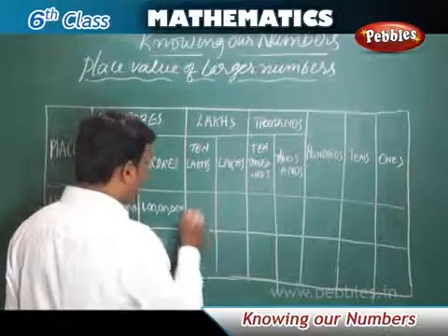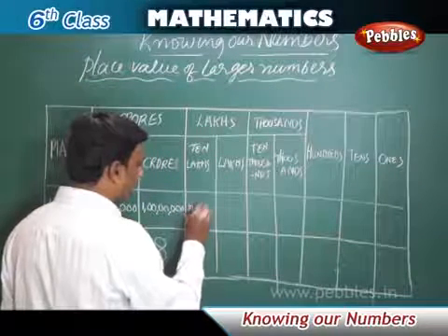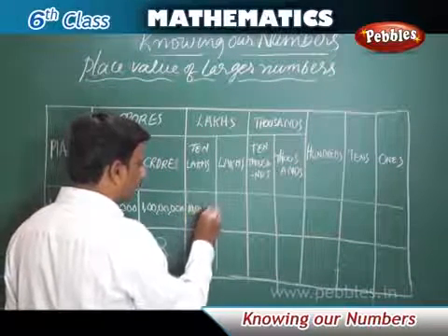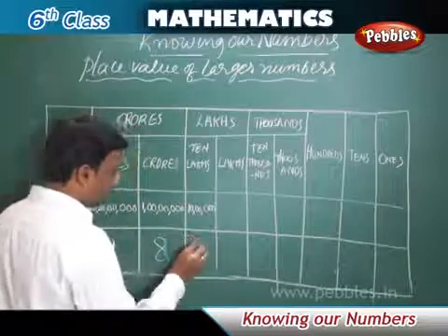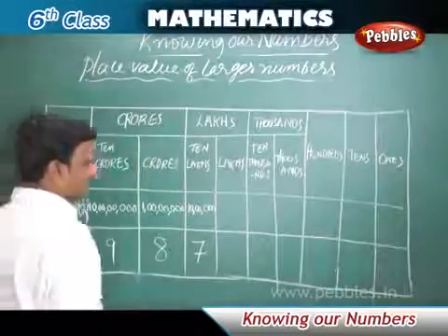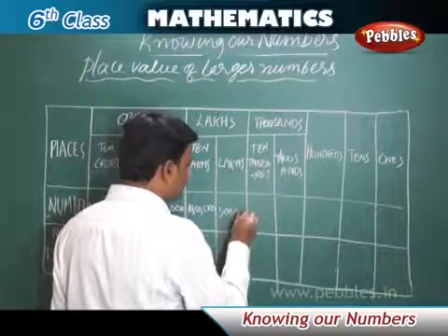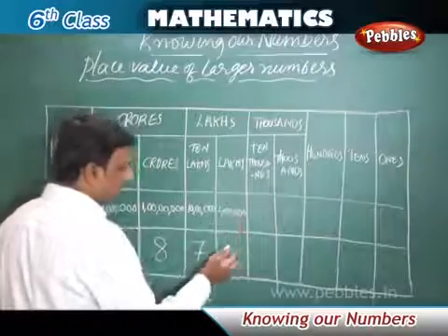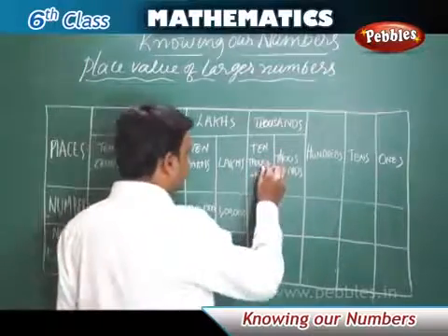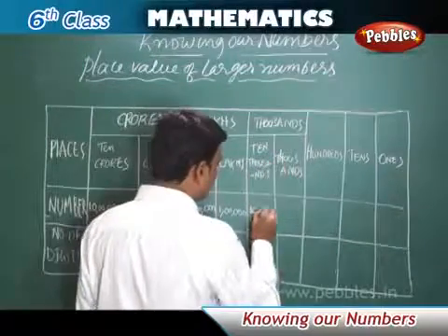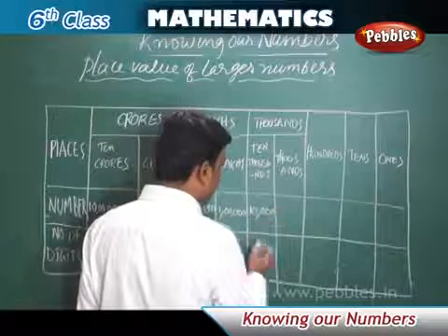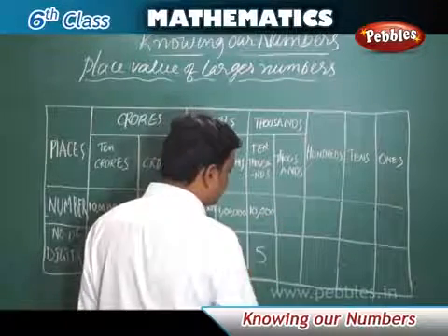Now 10 lakhs. 1, 0, 0, 0, 0, 0, 0. So here 7 digits. Lakh: 1, 0, 0, 0, 0, 0. So 5 zeros and 1. Total digits 6. And look at 10,000s: 1, 0, 0, 0, 0. 10,000 has 5 digits.